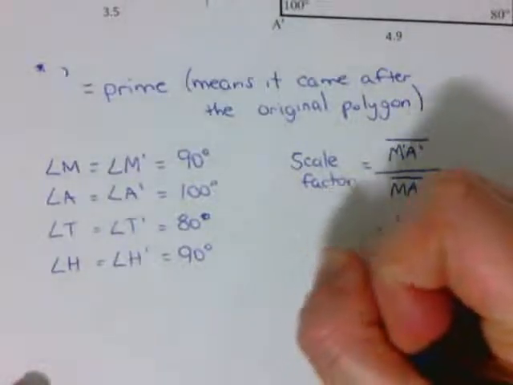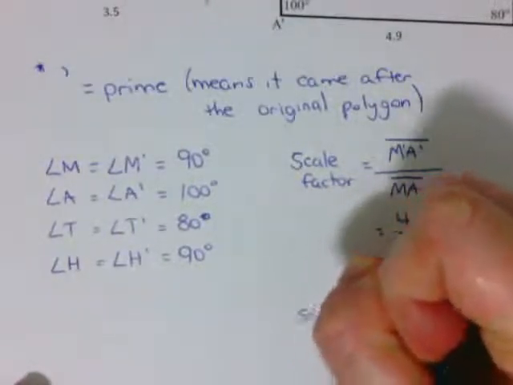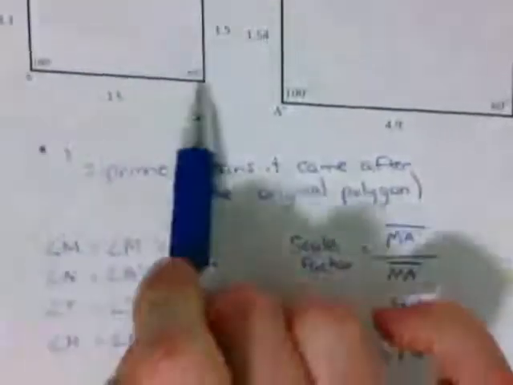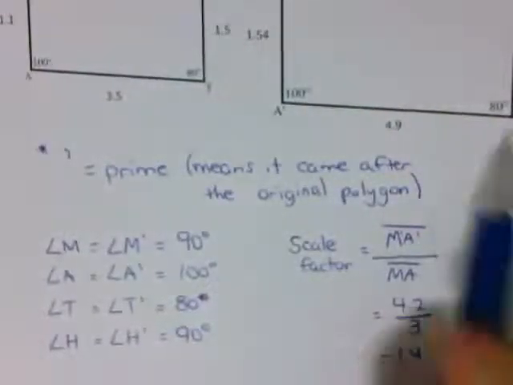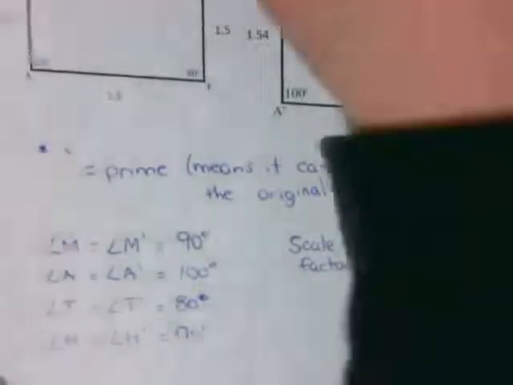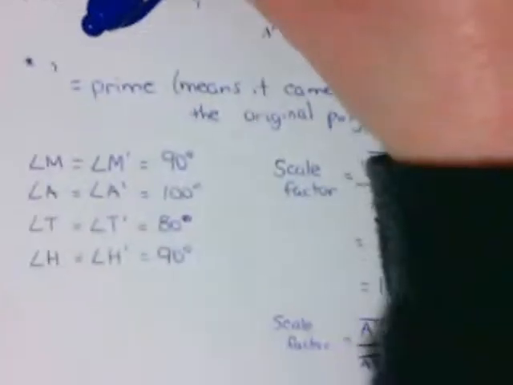So the scale factor equals, now we're going to go to the next one, okay? So the next one we're going to do is AT and A prime T prime. So we do A prime T prime, that line segment, divided by AT line segment. And I'll show you guys what that looks like here.